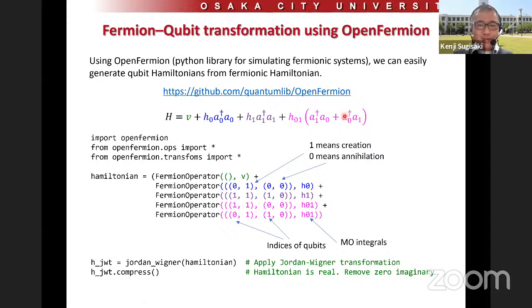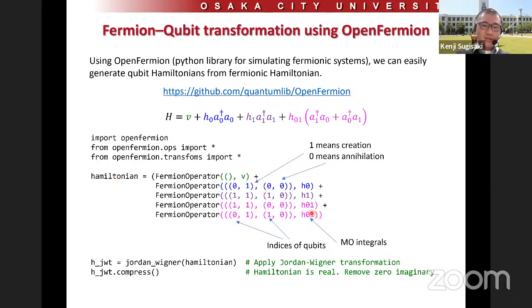And this term can be defined as shown here, applying the annihilation operator to qubit 0 and a creation operator to qubit 1, with coefficient h1. Again, this means applying the annihilation operator to qubit 1 and a creation operator to qubit 0 with coefficient h1.